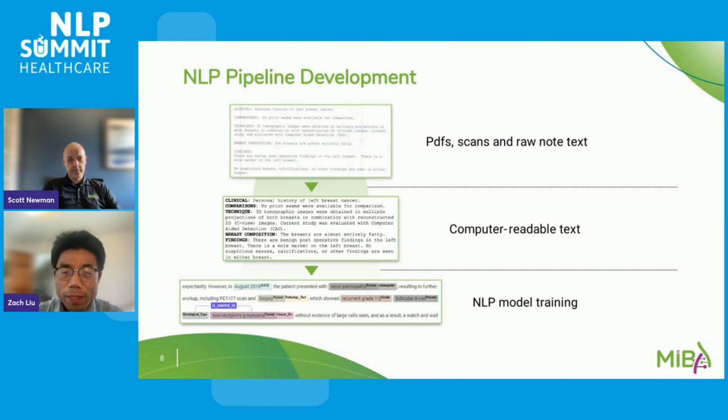Yeah, for the information extraction, we deployed the John Snow Labs NLP pipeline. You can see here, we start from the medical records. Some of them are PDFs, scans. Some of them are just raw note text.